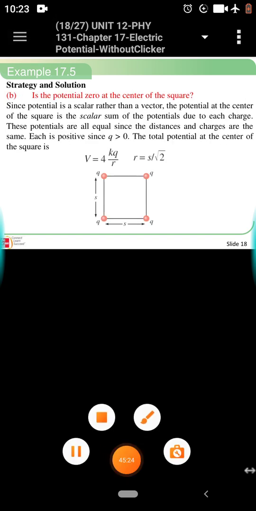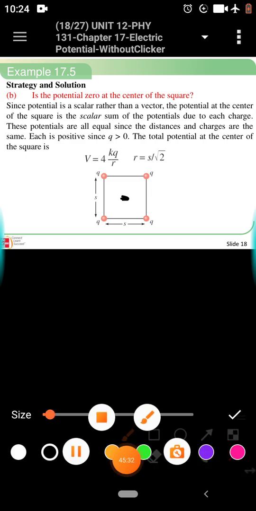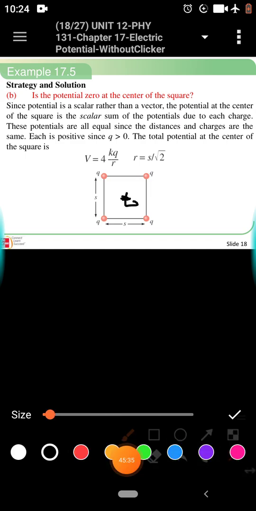Let's write this together. We want to find the potential at the center. So how do we do that?